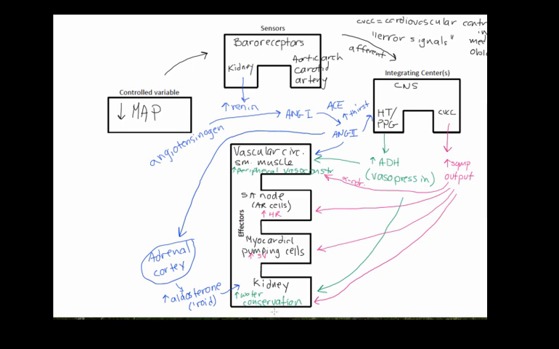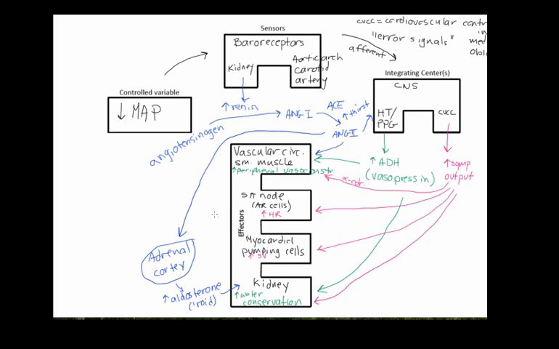The response of the kidney to low MAP is a slower response compared to the peripheral vasoconstriction and increase in heart rate and stroke volume. Collectively, these are referred to as the baroreceptor reflex, and these changes happen almost immediately. It takes a little bit of time for the effects of the kidney to be realized.